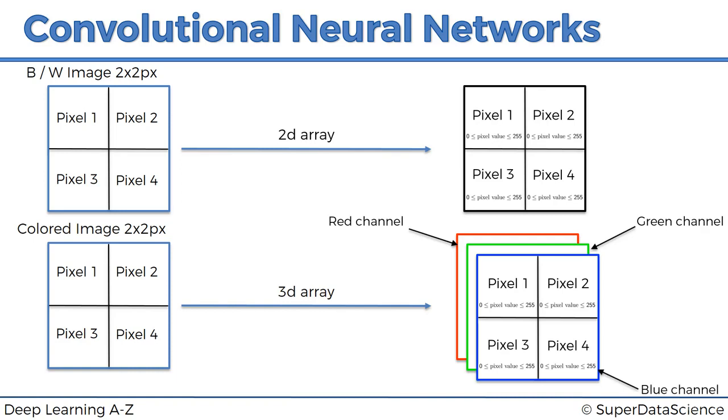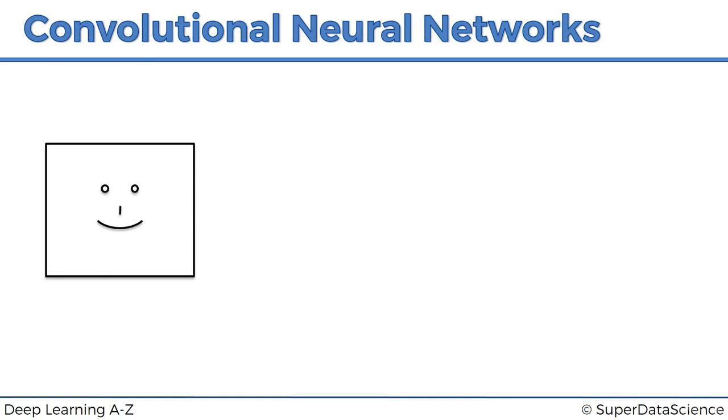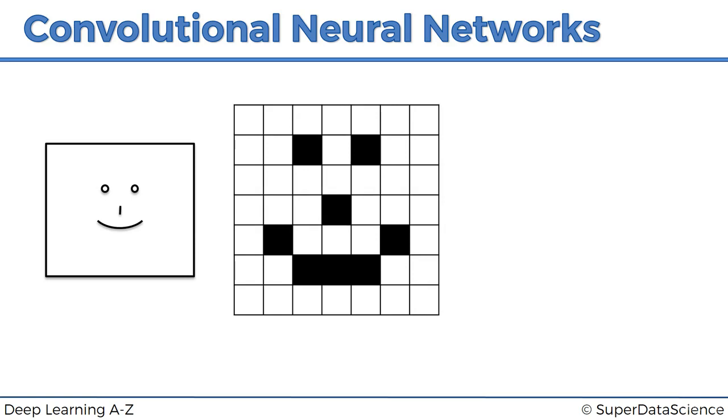And finally, let's have a look at a very trivial example of a smiling face in computer terms. If we really simplify things, instead of having values from 0 to 255, just so that we can understand things better and really grasp the concepts, we're going to say 0 is white, 1 is black, right?